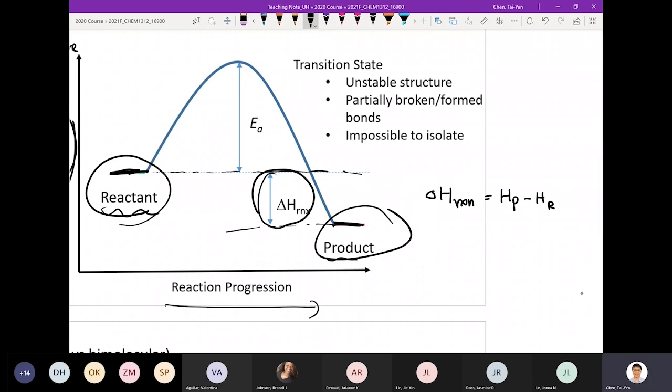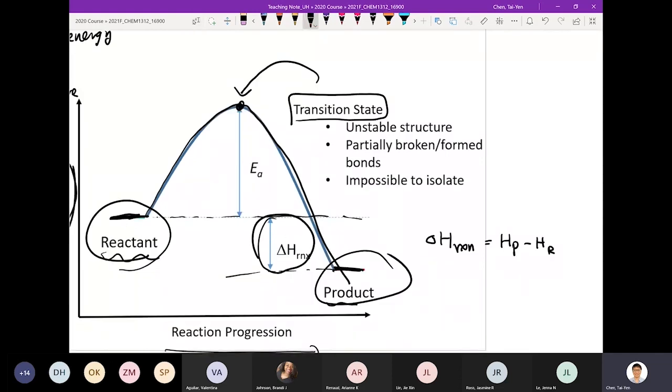The other thing is, you need to get over a certain energy so the reaction can occur, right? The highest energy point of this curve is defined as the transition state. The energy difference between the highest energy of the transition state and your reactant is defined as the activation energy.